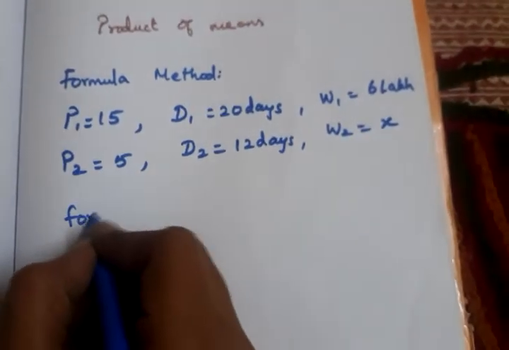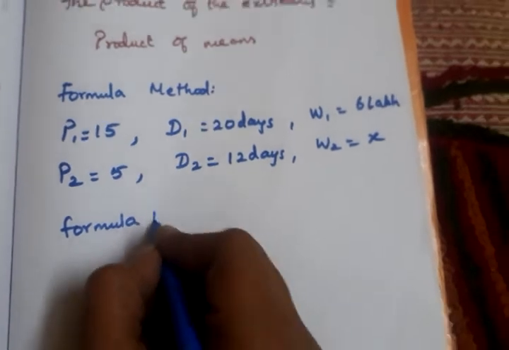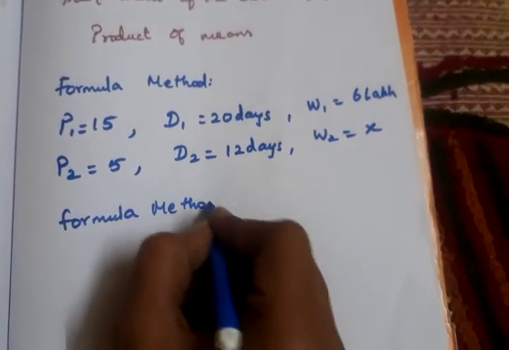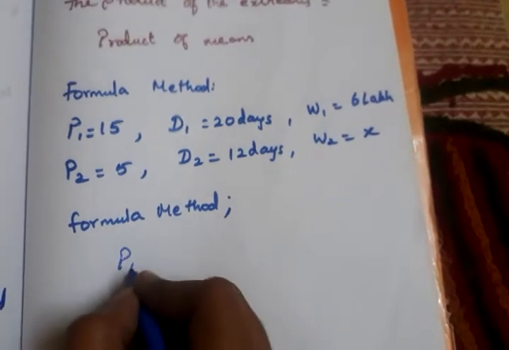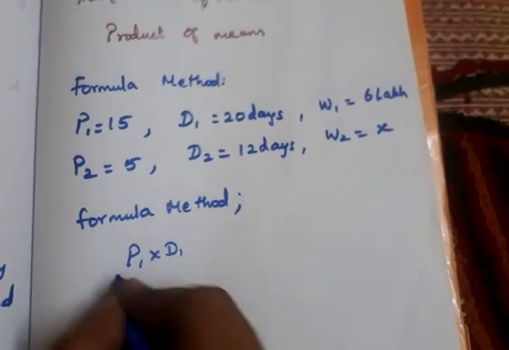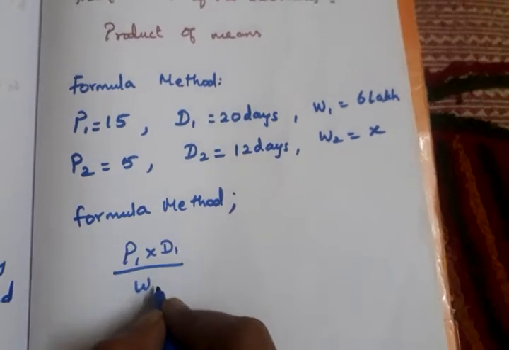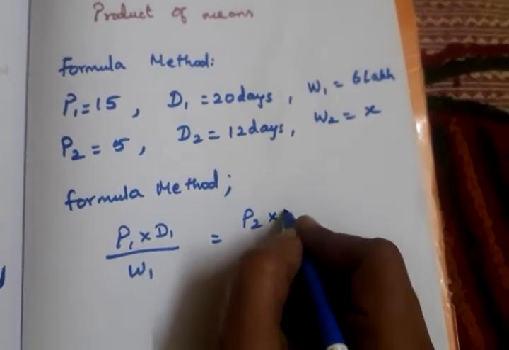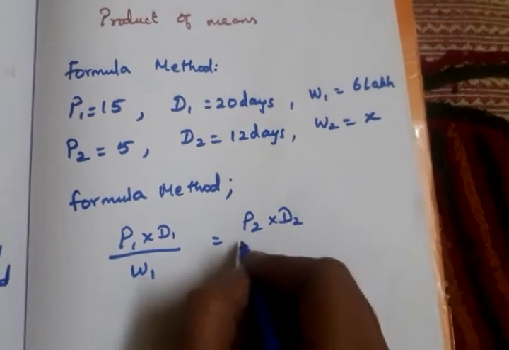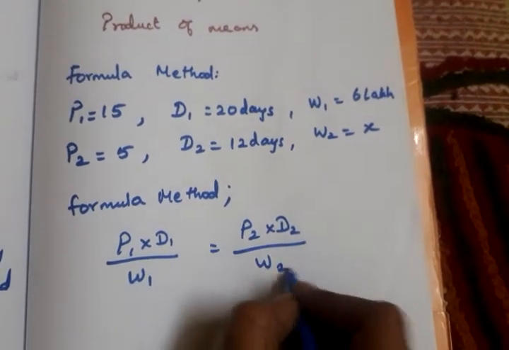Okay, so using the formula method, P1 into D1 divided by W1 equal to P2 into D2 divided by W2.